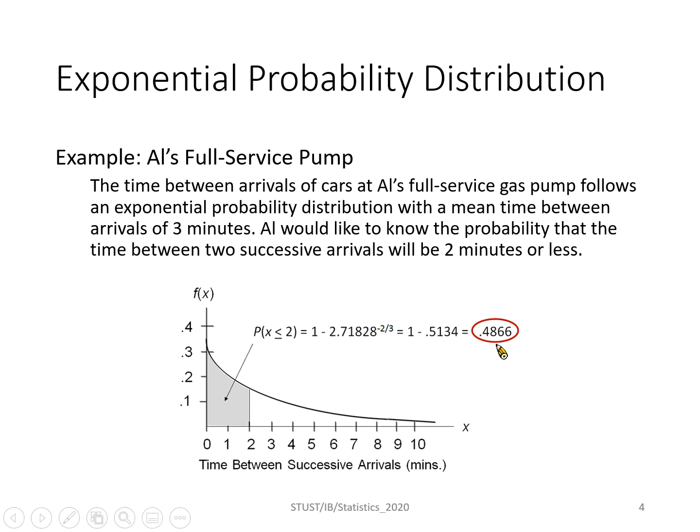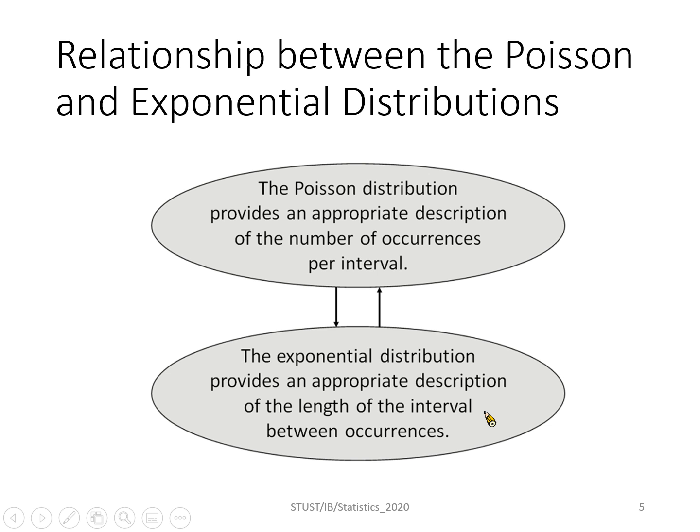We will get such a result. That means the probability that two successive arrivals are less than 2 minutes, the gray area, is 0.4866.